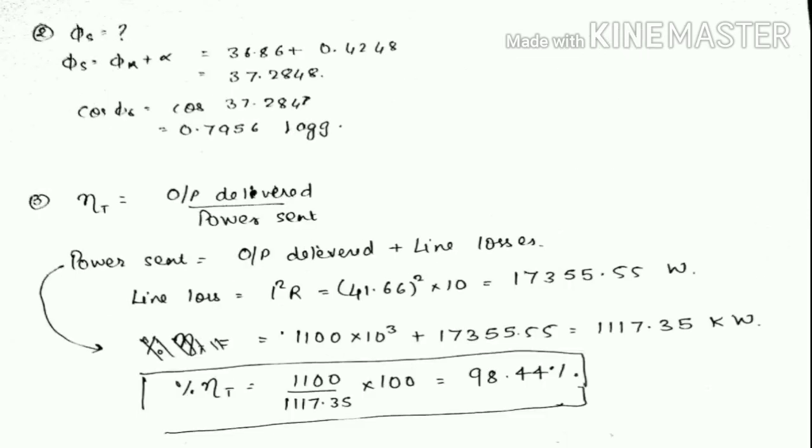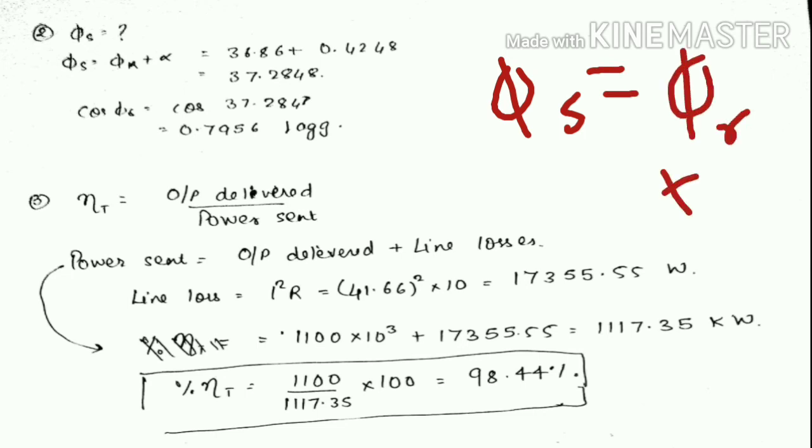Now we'll find the value of phi s, means we have to find the sending end power factor, but before that we have to find the value of phi s. So what is phi s? From the phasor diagram we can see phi r plus alpha. We have the value of phi r also, 36.86 plus 0.4248, we get 37.2848. So now we put the value in this formula, we get 0.7956 lagging.